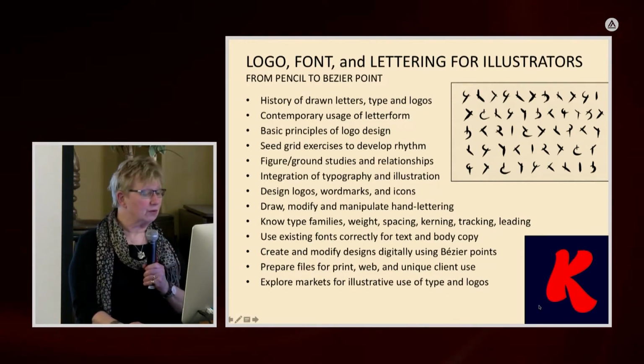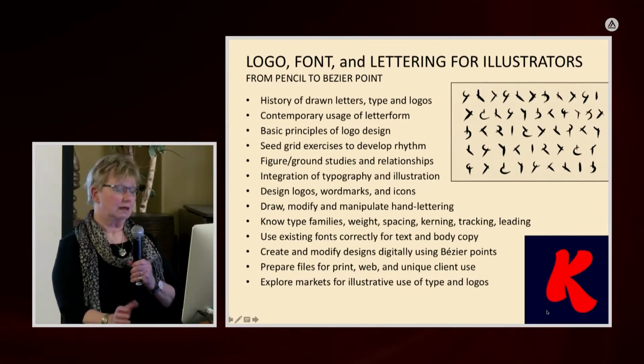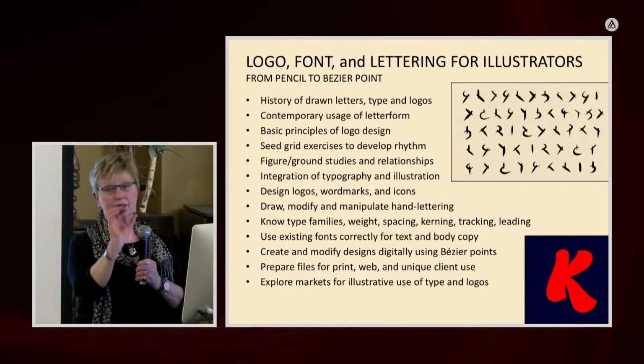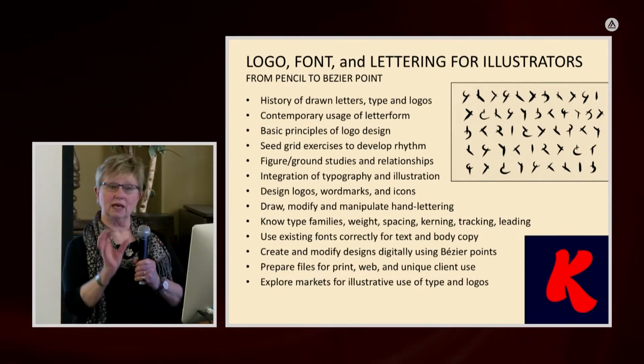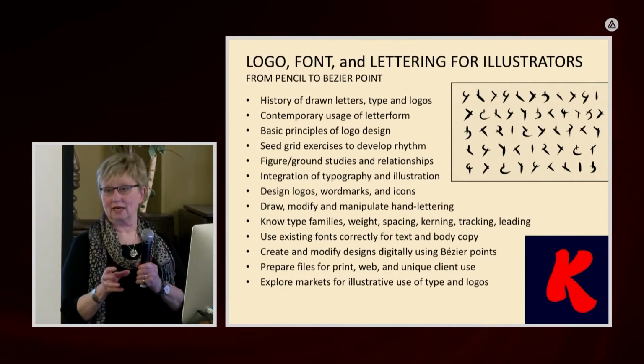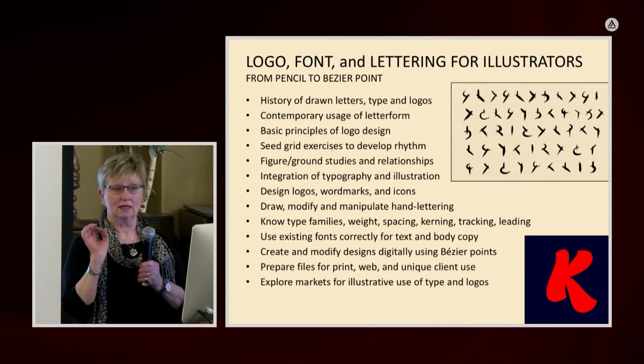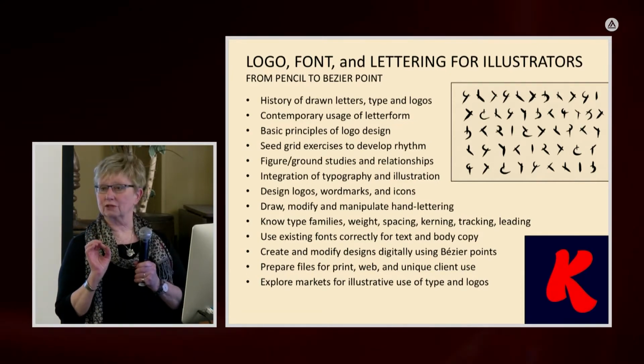And the one in the bottom, this could be made just by laying down points, this K, but it's also basically a brush stroke K that has been cleaned up, modified, and tightened up in Illustrator.